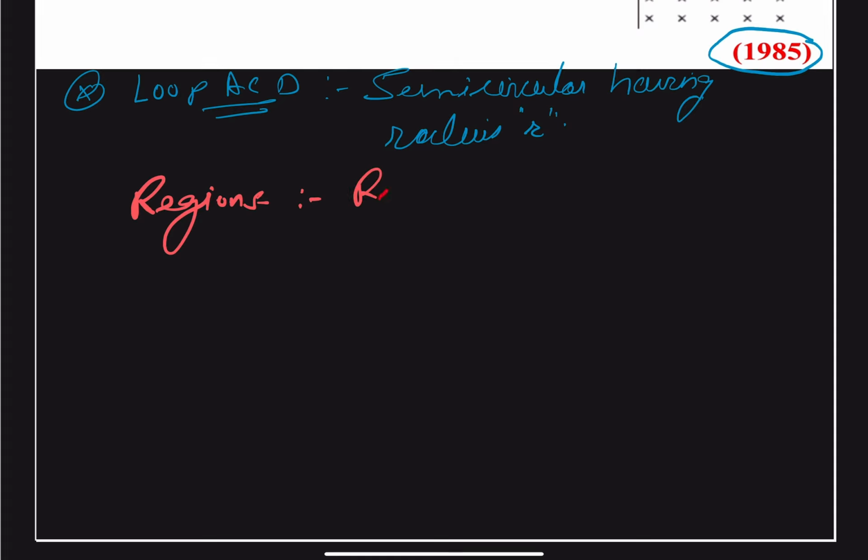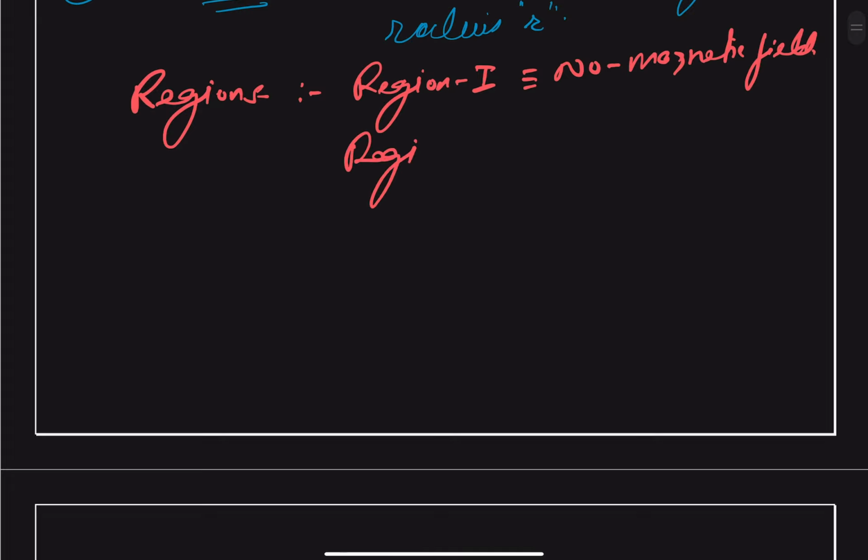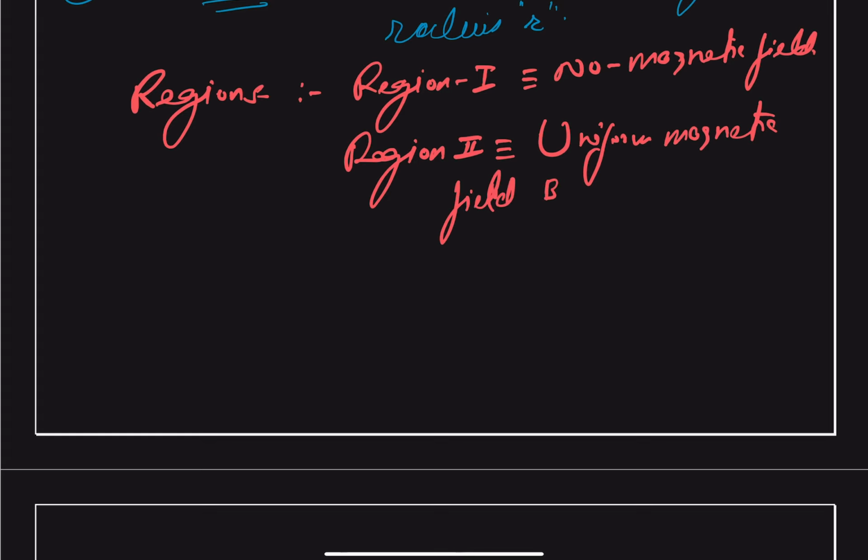Region 1, which has no magnetic field, and region 2, with a uniform magnetic field B directed into the plane of the paper.